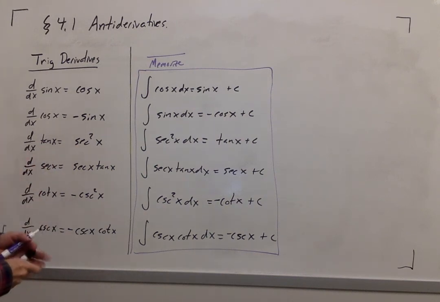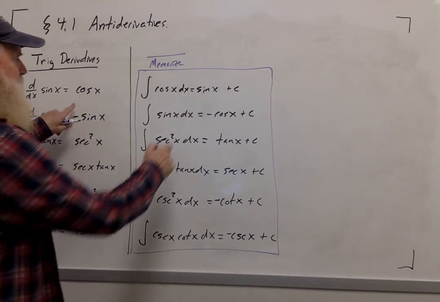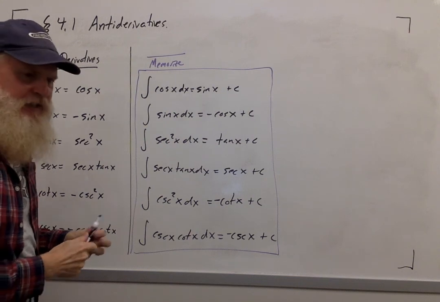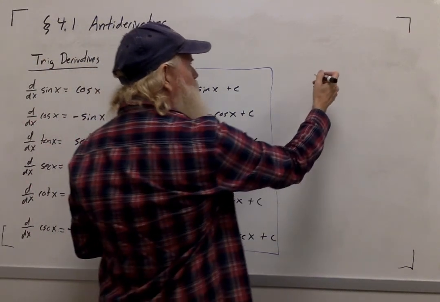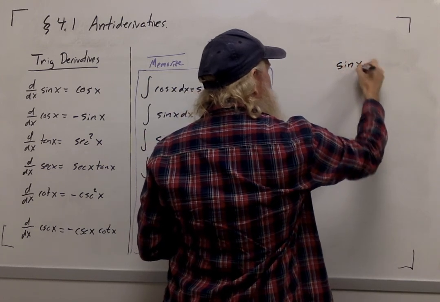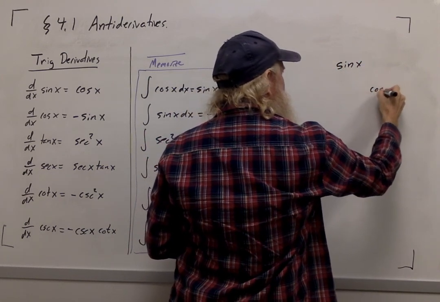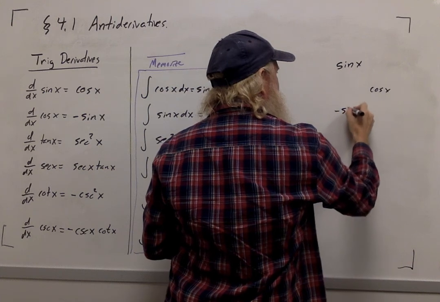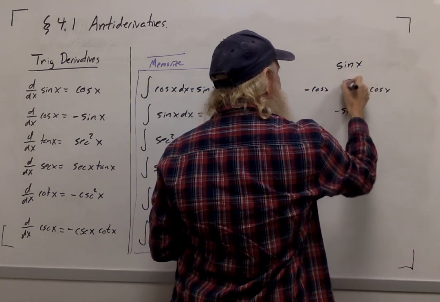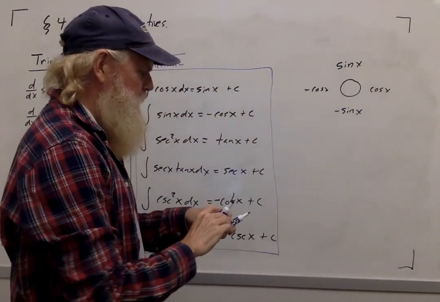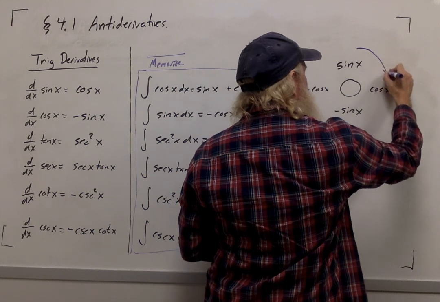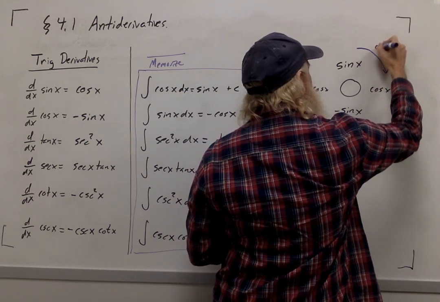One thing that people find a little bit confusing is the plus and minus signs when you're taking derivatives of sines and cosines. So some folks find this chart helpful. I'm going to write the function sine x, cosine x, negative sine x, and negative cosine x in a circle. And then if you go clockwise around this circle, that corresponds to taking derivatives.